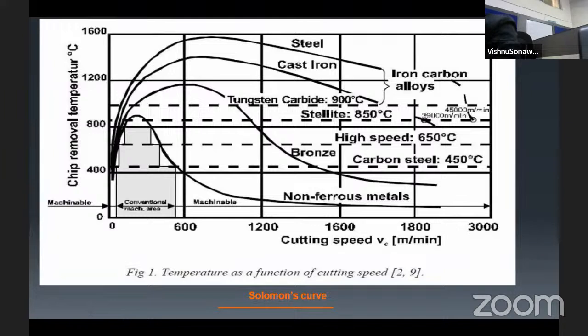This is the most important advantage of cutting speed versus chip removal temperature in the case of non-ferrous alloys and non-ferrous materials, as well as the plastics industries. Isn't it? This is the main application.